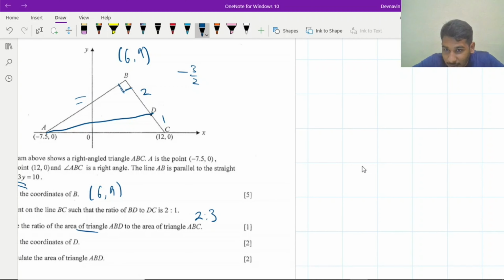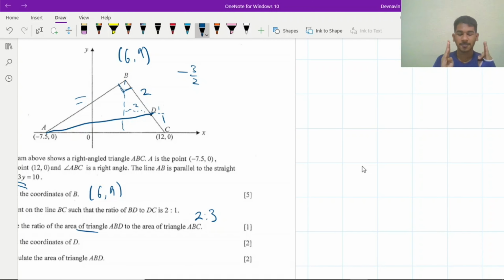So let's do this. We know that for D, if you take the distance between the point B and point C, just the horizontal distance, it's 2 units from there and 1 unit from the right hand side.